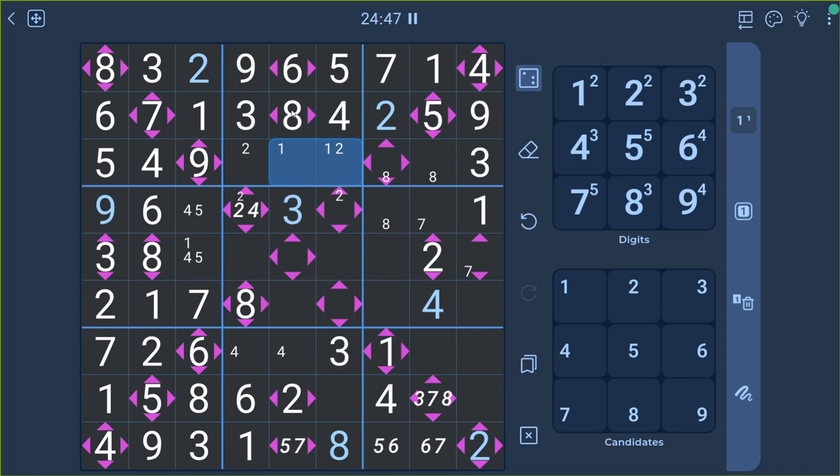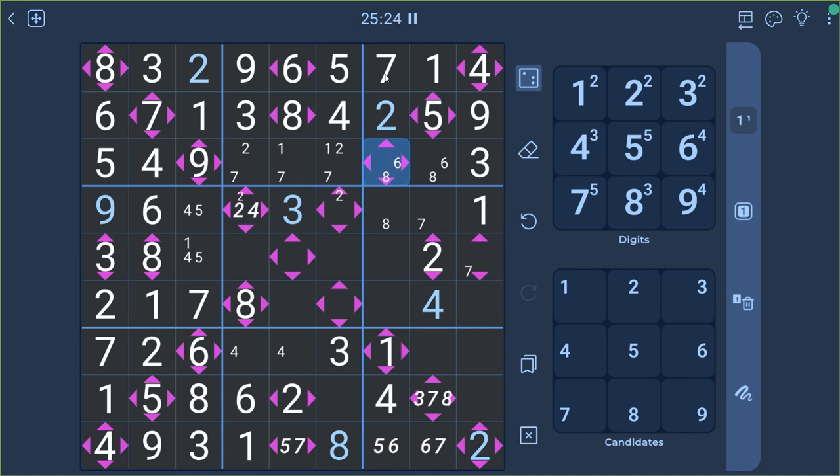There's a 1, 2, and a 7. This is an 8 and a 6. So this one, can this be a 6? So if it's a 6, it would put a 3 here and a 7 here. Yes, but that is.